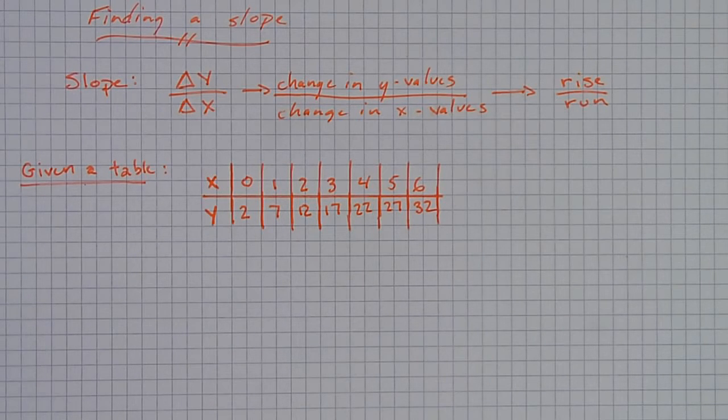If it's a different type of graph, we're not going to be able to find a slope. So it's only for straight lines.